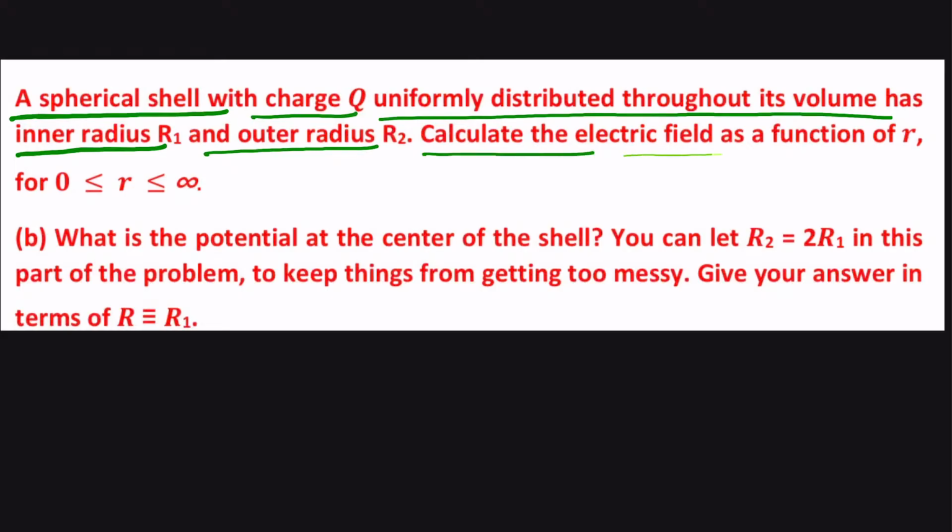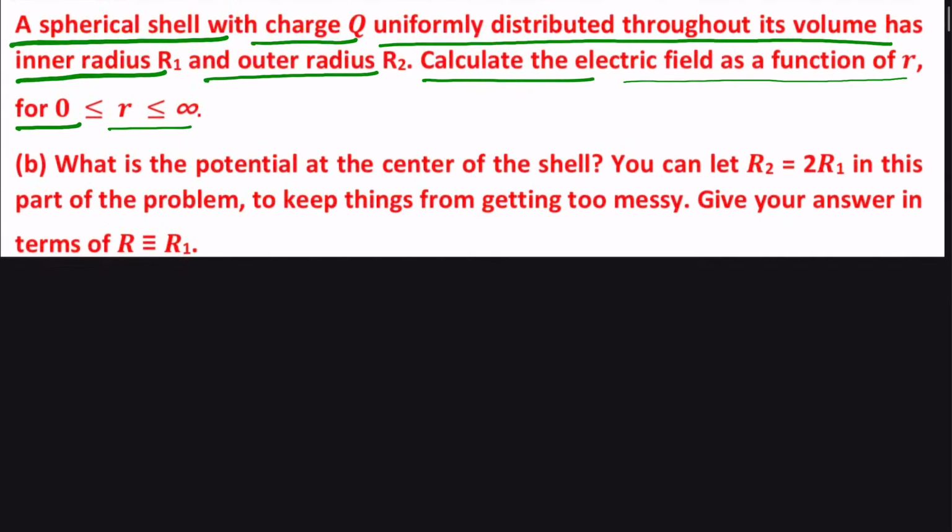Calculate the electric field as a function of r, where r is from 0 to infinity. And part B is there. In part B it states: what is the potential at the center of the shell? You can let r2 is equal to r1, okay, and r1 is said to be equal to r. So this is the basic question.